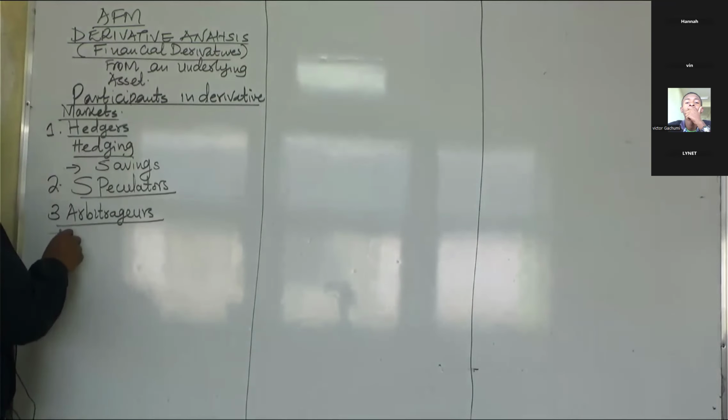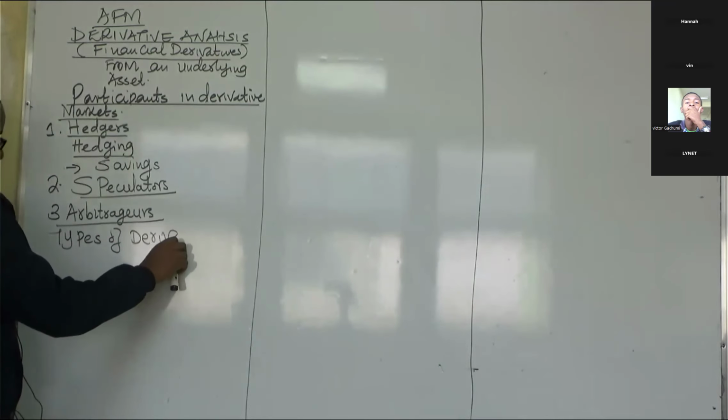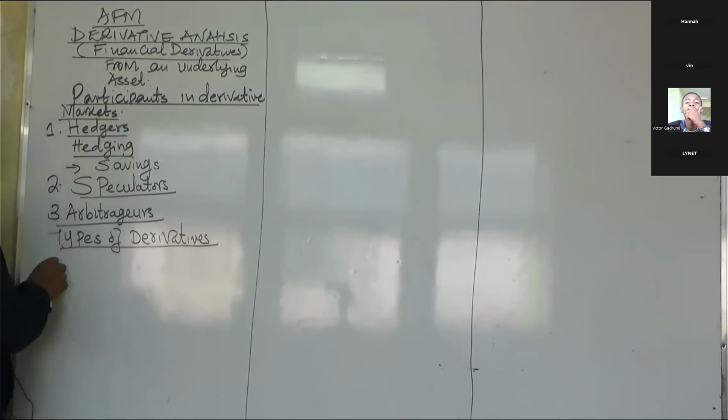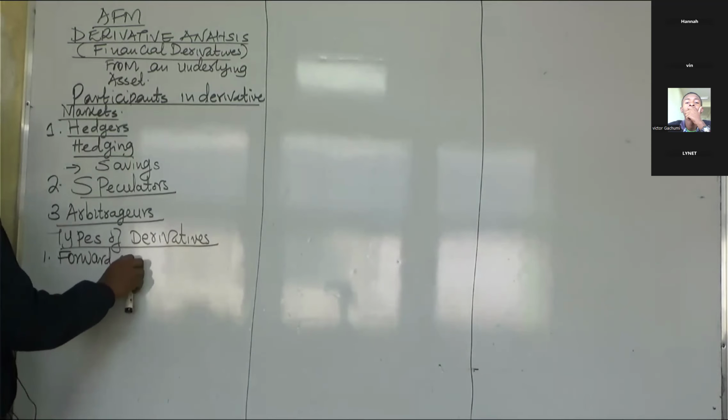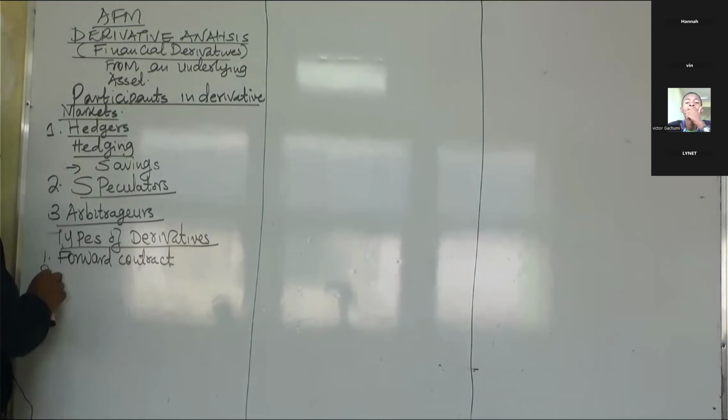Now, types of derivatives. Majorly there are four of them. We'll have the forward contracts. Number two, we also have the futures contracts.